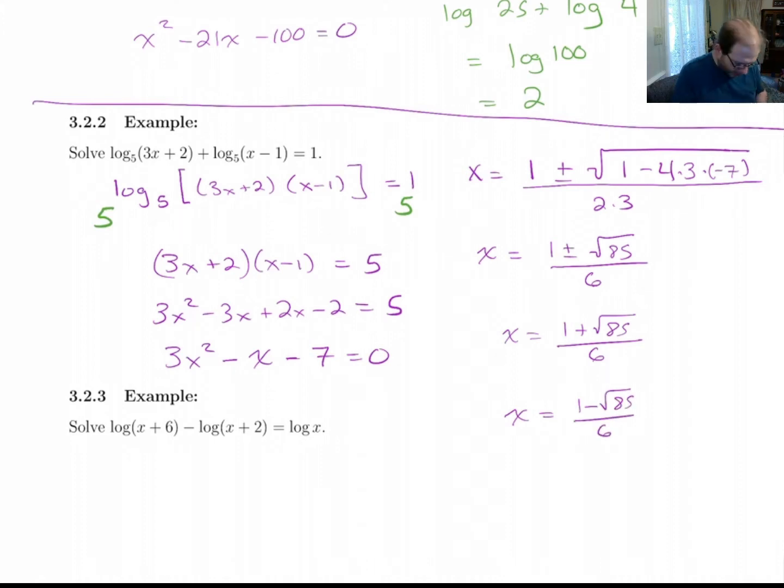Let's work up a decimal approximation for both of those. All right, let's see, 1 plus root 85 over 6. This top one is 1.703.